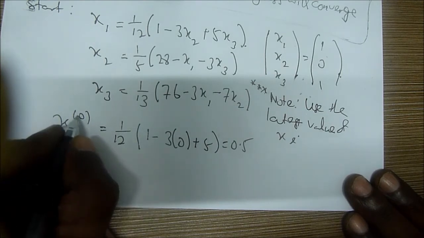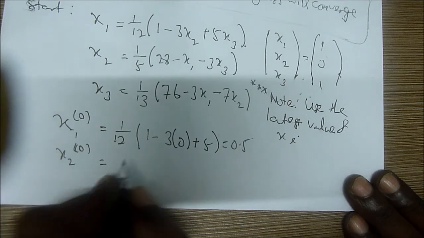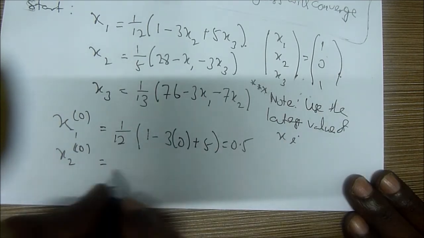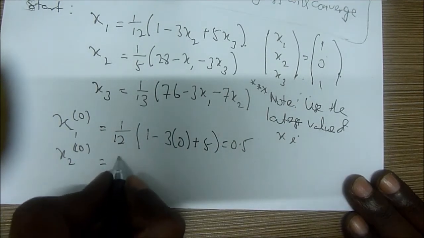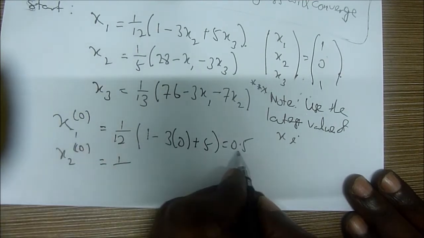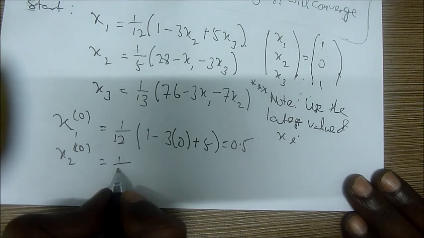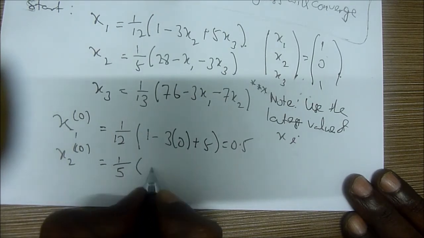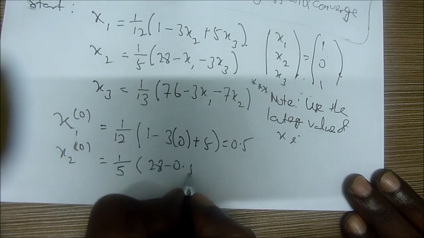This is an iteration, a cycle. This is the first cycle we are doing, cycle 0, because we are just using the existing one. Now we found the new value for x1 already, 0.5.